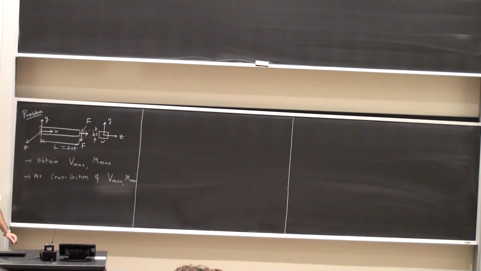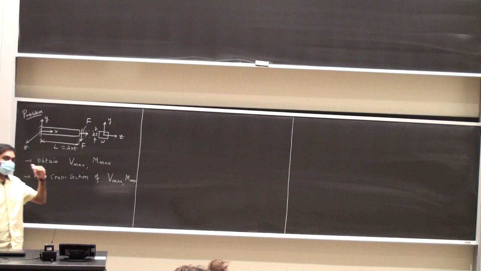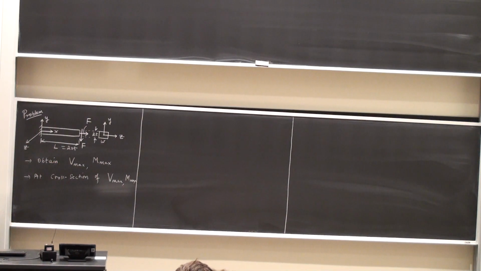At the cross section where Vmax and Mmax occur, I want to look at the state of stress at a point on the top and a point on the bottom.